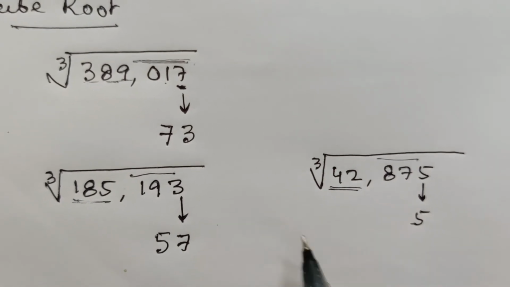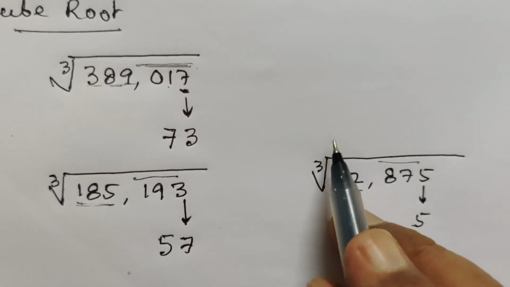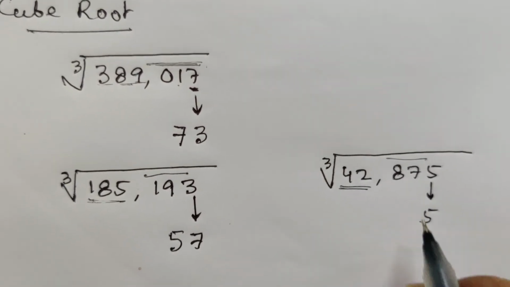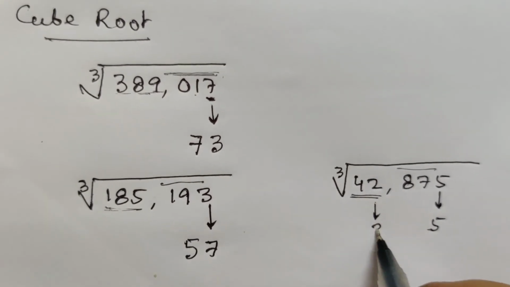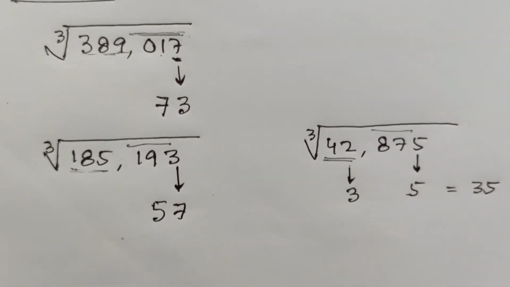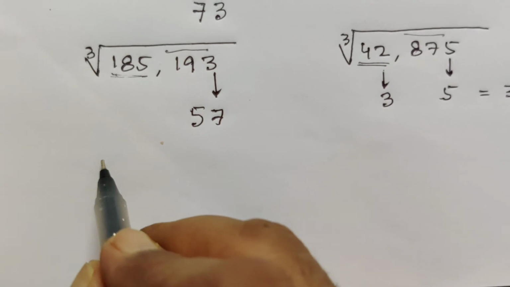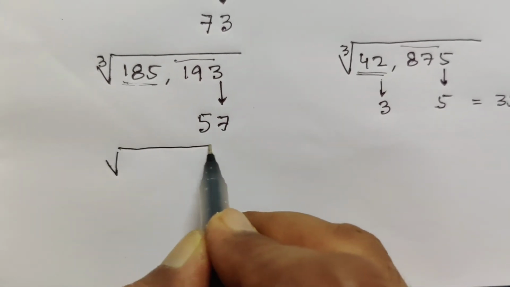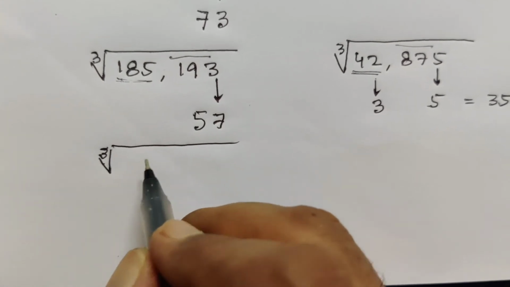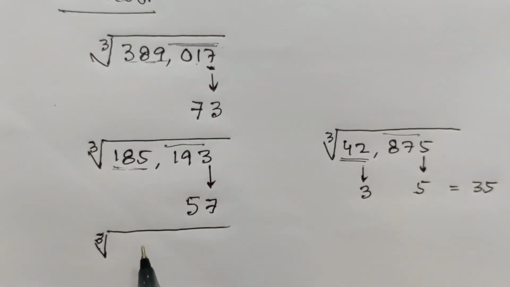So 64 is after 42. We have to take that number which comes before 42. Before 42 is 27, so that means this is 3. So the answer is 35. This is the way we can do it so fast. Again another one. So many problems we can do like this.